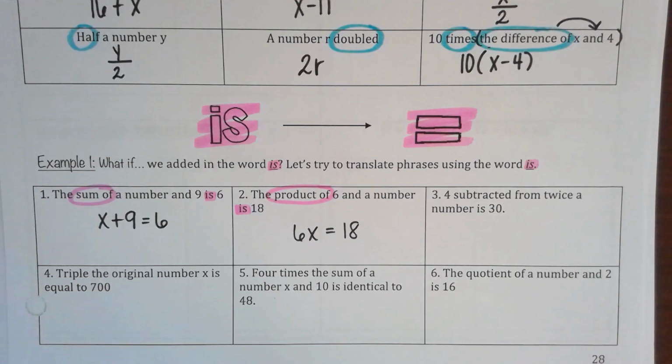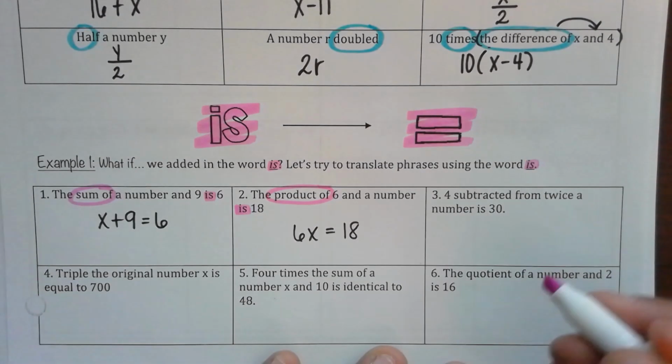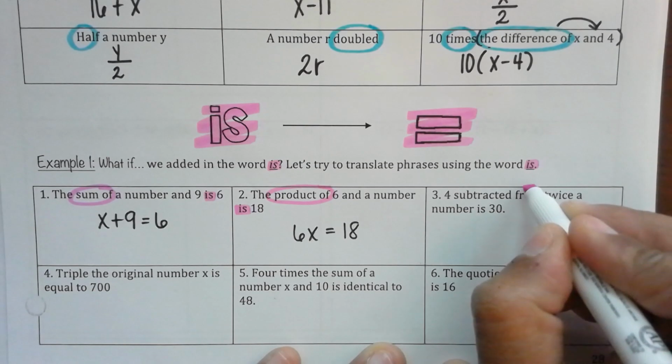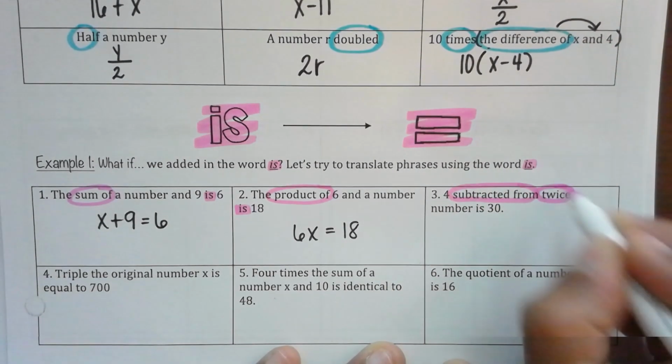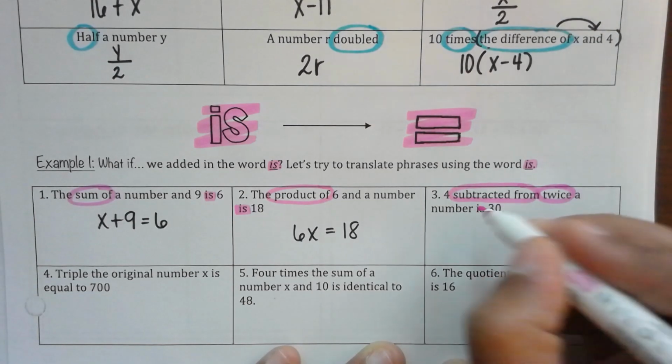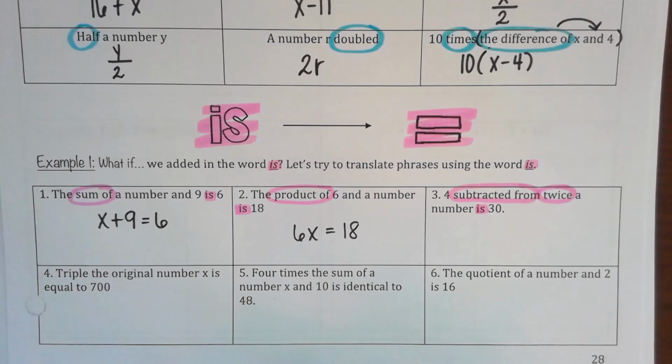Look at number 3. 4 subtracted from twice a number is 30. What are our operational phrases here? Subtracted from. Is that all? Twice, is. So, what needs to be written first?